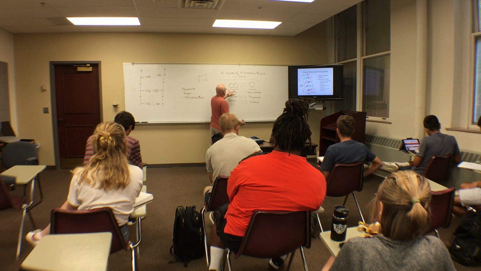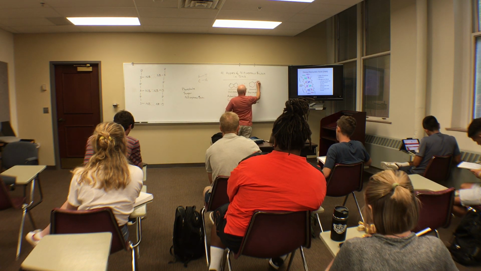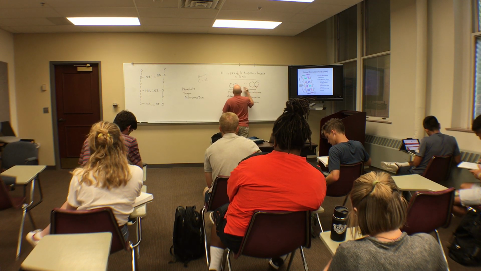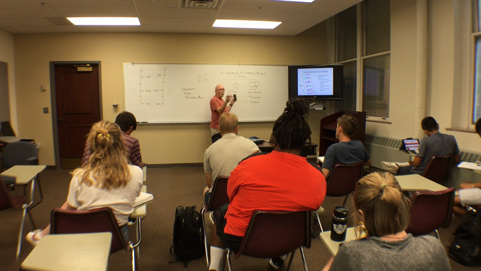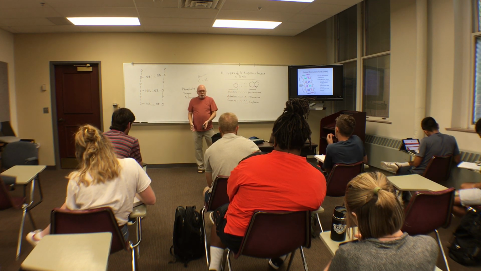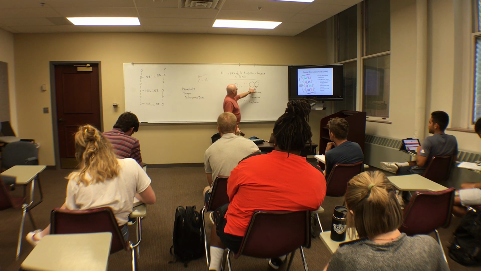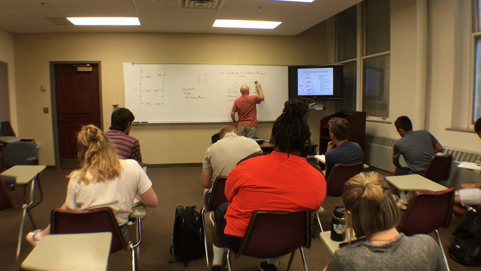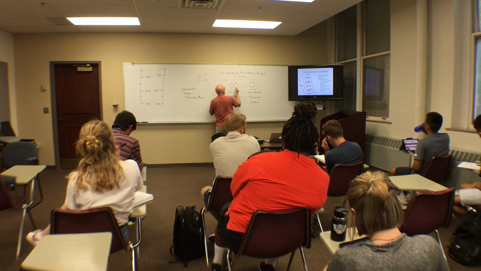It doesn't matter whether you have a purine on one side and a pyrimidine on the other side, or a purine on this side and a pyrimidine on this side. The width of the molecule stays constant down the entire length of the molecule, because you always have a long one being bonded to a short one. Okay?